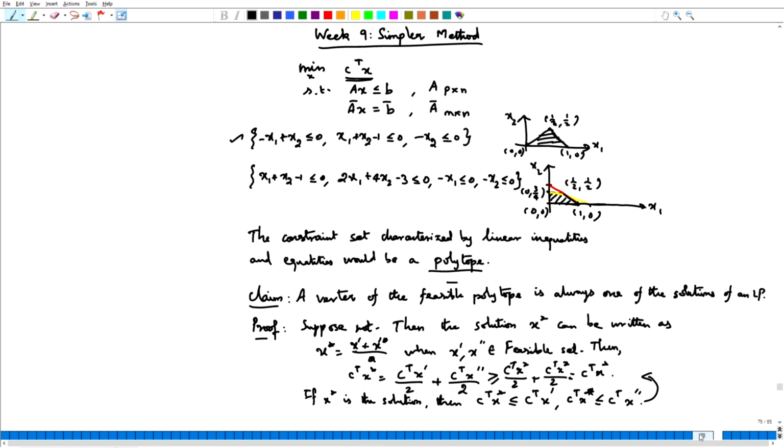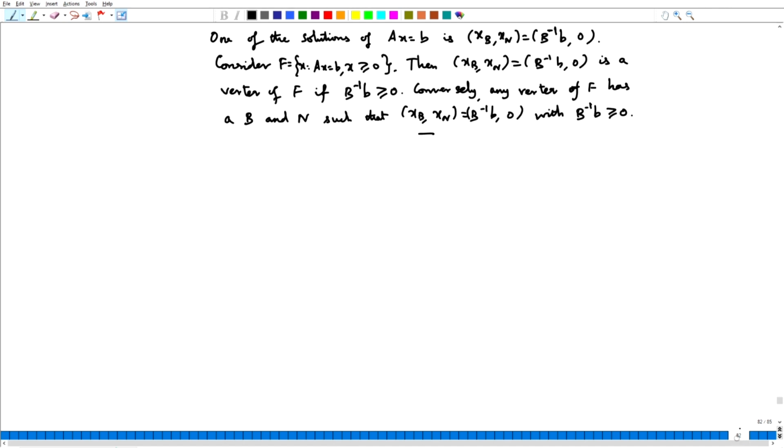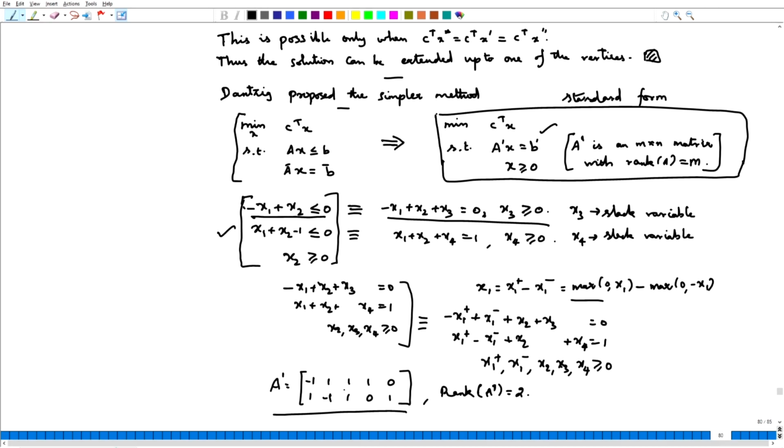We had this particular example, where you had a triangle with vertices (0, 0), (1, 0) and (1/2, 1/2). The A matrix that we had was this. So, in the example, we have the following problem, which is min c transpose x subject to Ax = b, where A is as given here: [-1 1 1 1 0; 1 -1 1 0 1] times x1 to x5.